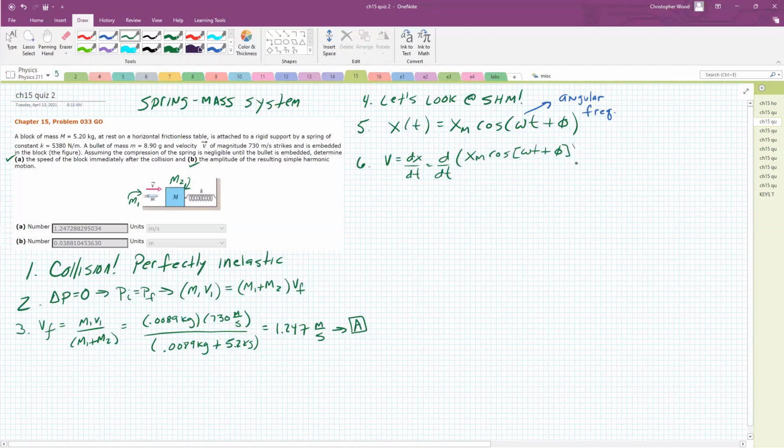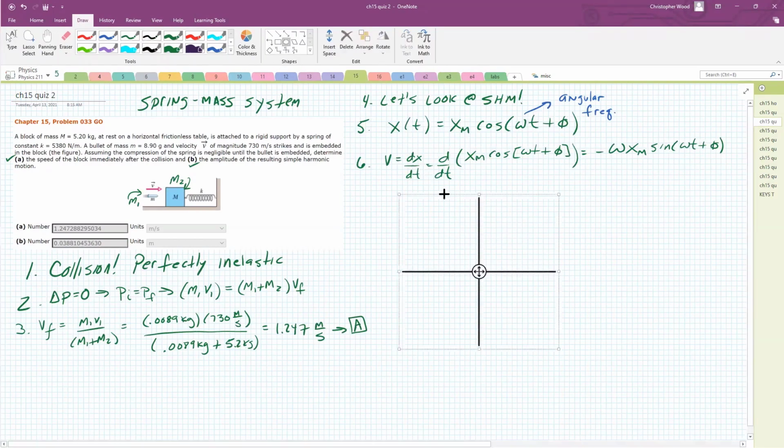And everyone here needs to know how to take that derivative. That derivative is going to equal negative omega x sub m sine of omega t plus phi. All right. So great. That's the velocity. Now, here's a unit circle question.